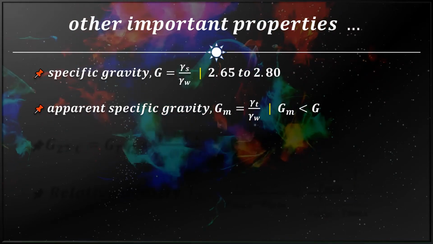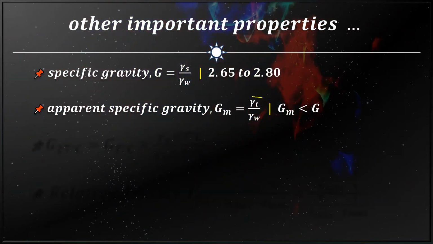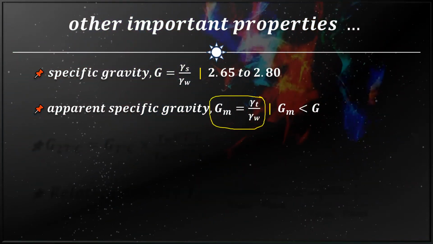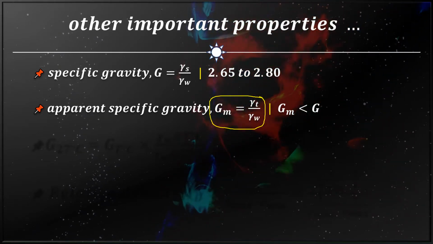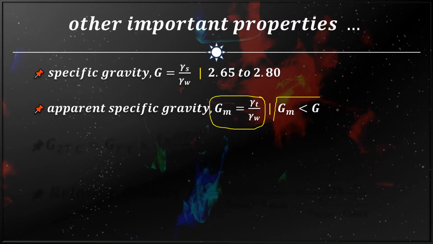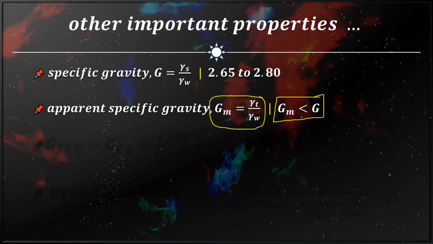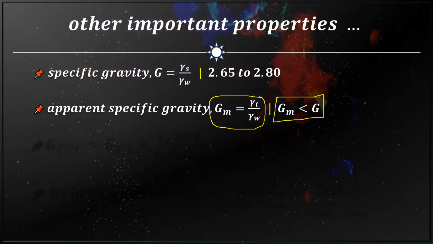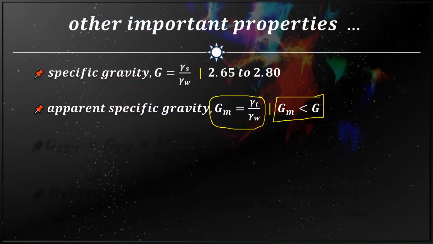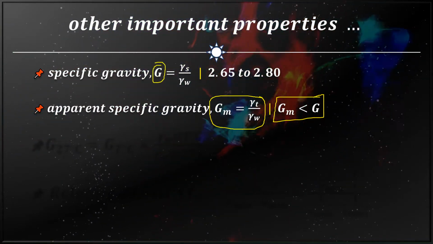And there is another thing called apparent specific gravity, and that will be given by Gm equal to bulk unit weight divided by unit weight of water. So Gm shall always be less than G. In calculations of many things, we use only the specific gravity, not the apparent one.